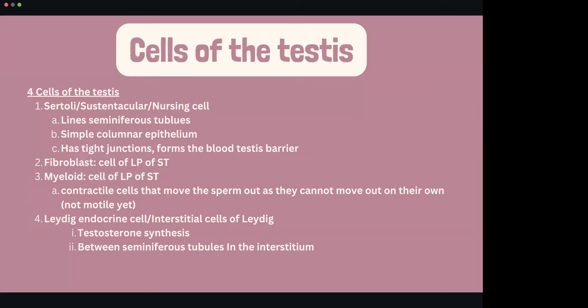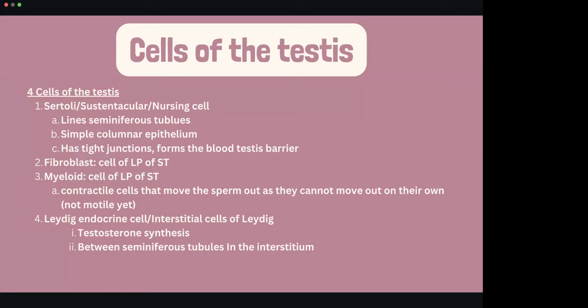There are three kinds of cells: the baby sperms, which undergo crazy proliferation, mitosis, and meiosis; the Sertoli cells, which support the baby sperm and are held together by tight junctions, making the testes an immunoprivileged site; and the lamina propria, connective tissue with fibroblasts and myoid cells, and then the Leydig cells in between, which produce the testosterone.